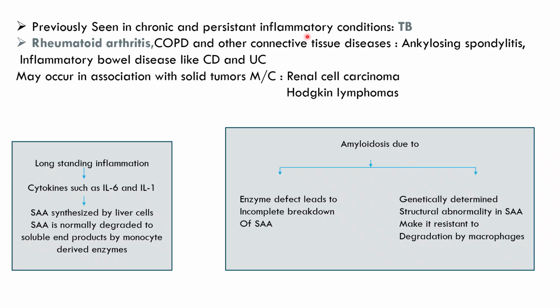Previously it was seen in chronic inflammatory conditions like tuberculosis, but now, due to the treatment drugs for tuberculosis, it is less likely to be seen in Western countries. Now it is more associated with rheumatoid arthritis, COPD, Crohn's disease, ulcerative colitis, and may occur in association with solid tumors like renal cell carcinoma and Hodgkin lymphoma.